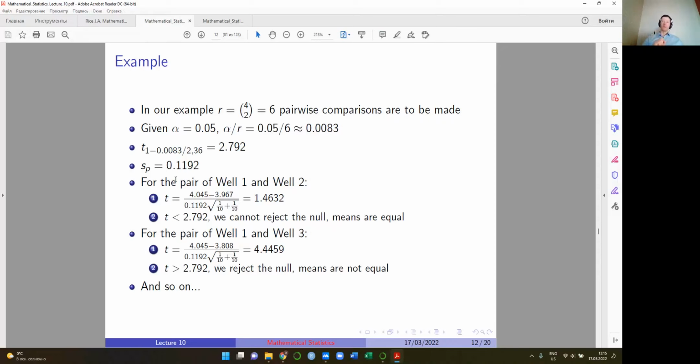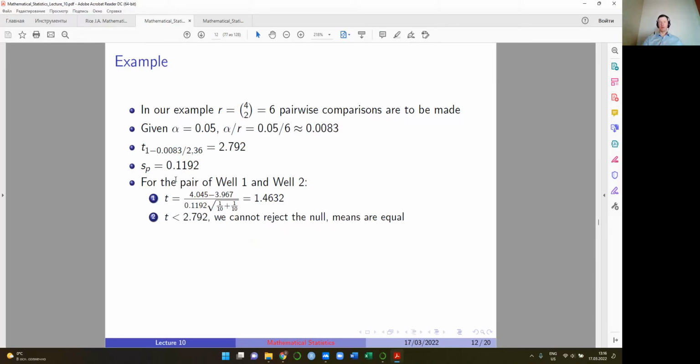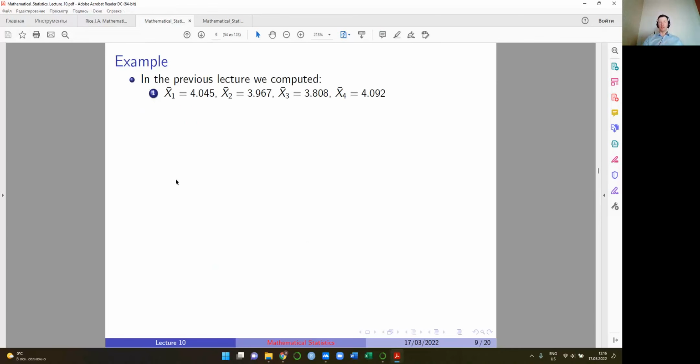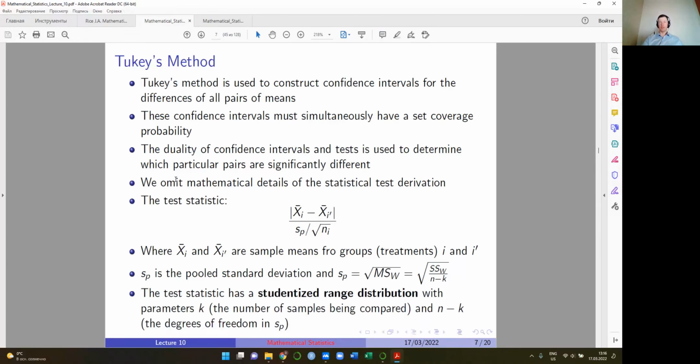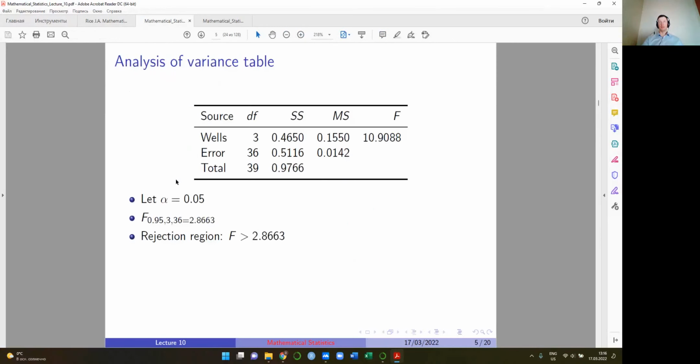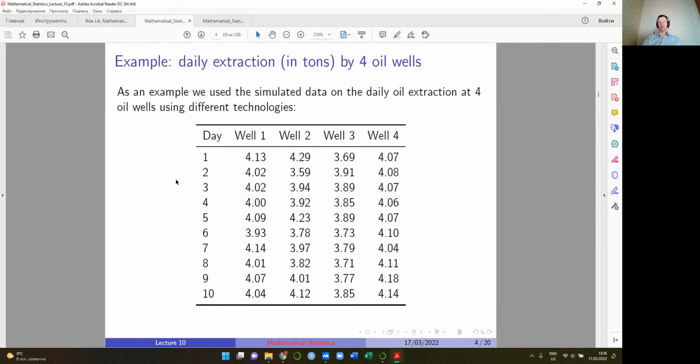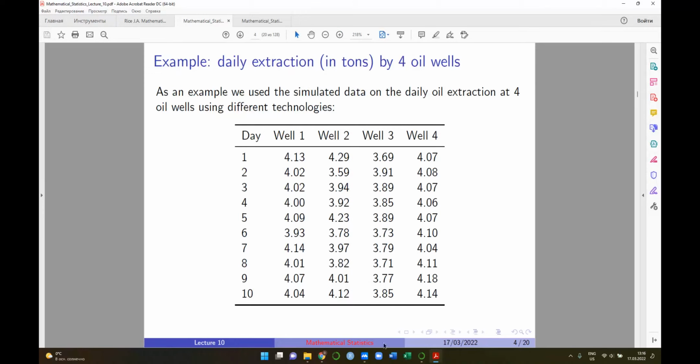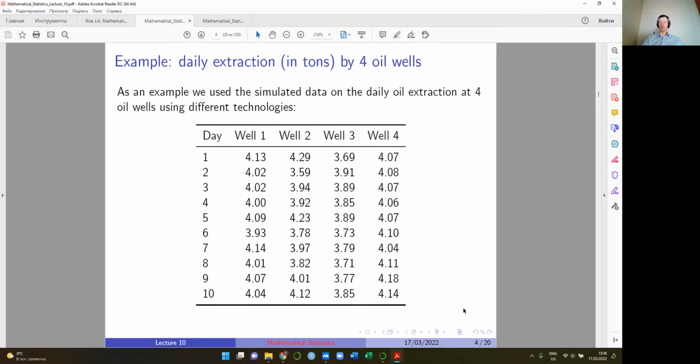And one more thing, why this approach can work. As I said, when we applied Tukey's method, for this method we want all columns to be equal.